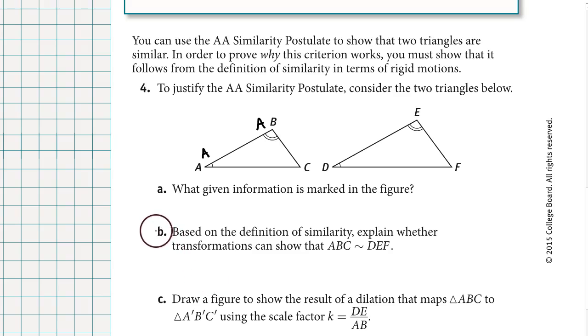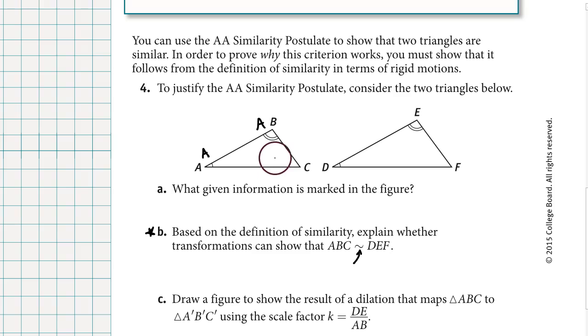Now take a look at question B. Based on the definition of similarity, explain whether transformations can show that the triangles are similar. Well, these are not the same size, so we would need a dilation where we multiply by a particular scale factor to increase the size of the first triangle until it's the same as the second triangle. We could do that. That would take a dilation.